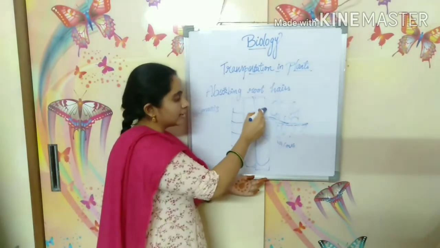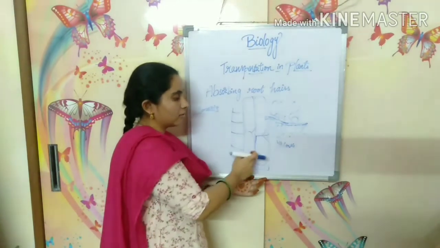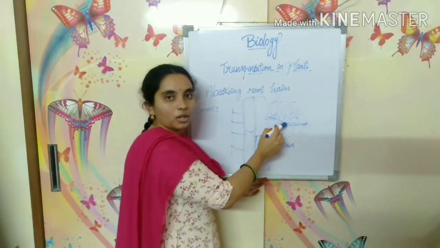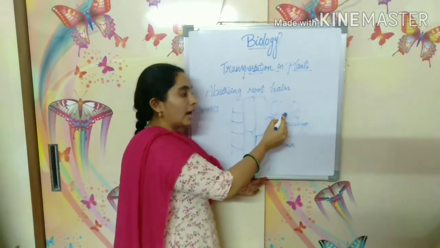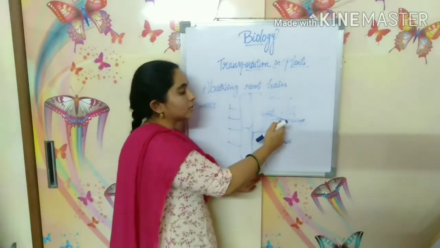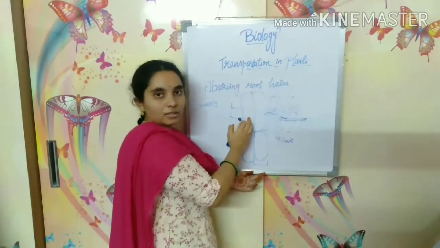These are called cells of cortex. These cells of cortex will have less water when compared to root hair, because root hair already absorbs the water from the soil. So the water will be more when compared to cells of cortex.